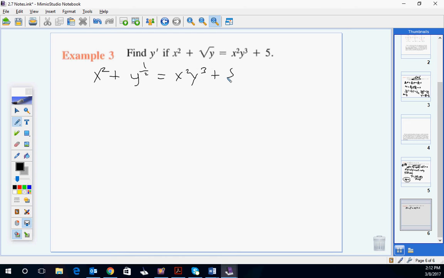So, derivative of this, 2x, no problem. Derivative of this is going to be 1 over 2 root y, y prime. You still have that dy dx there, right? Because you're hitting a y.